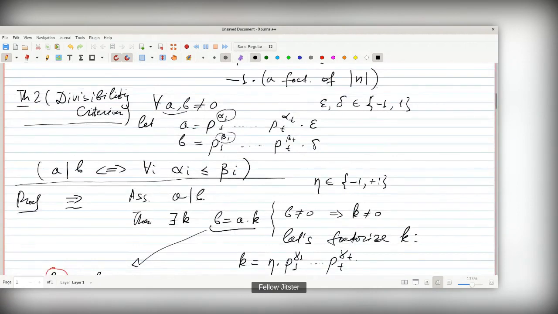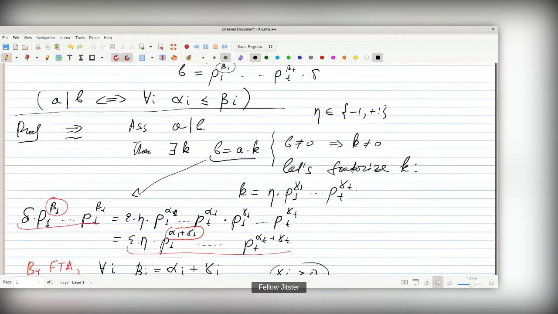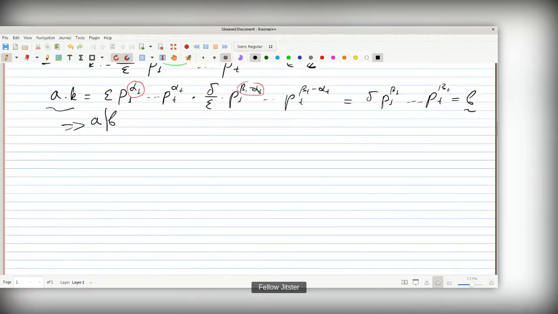Here we see that comparing two numbers by divisibility relation, where the one divides the other one, is equivalent to comparing the exponents of all the primes in their factorizations. It is a very important fact of many implications. So far, so good.